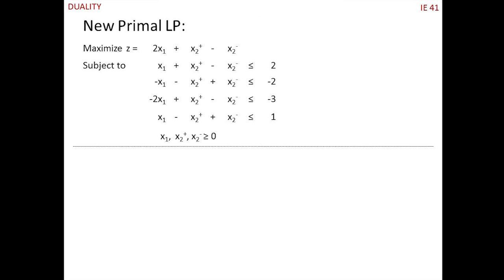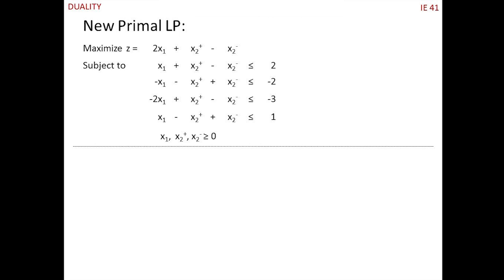Negative 2x sub 1 plus x sub 2 plus minus x sub 2 minus is less than or equal to negative 3. X sub 1 minus x sub 2 plus plus x sub 2 minus is less than or equal to 1. X sub 1, x sub 2 plus and x sub 2 minus are all greater than or equal to 0.